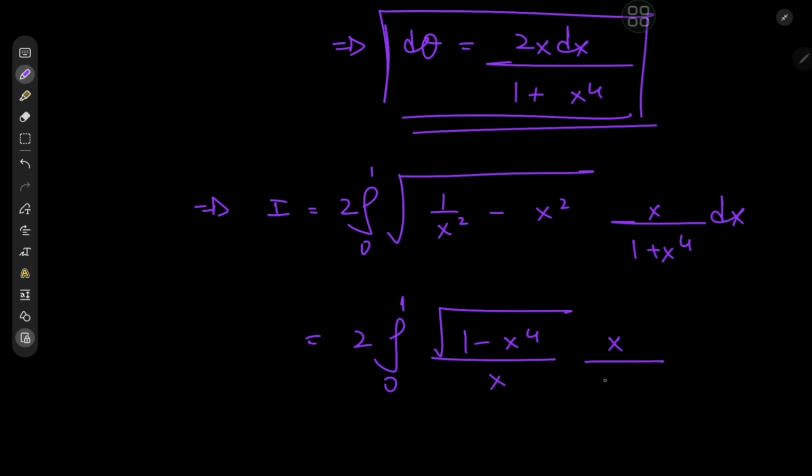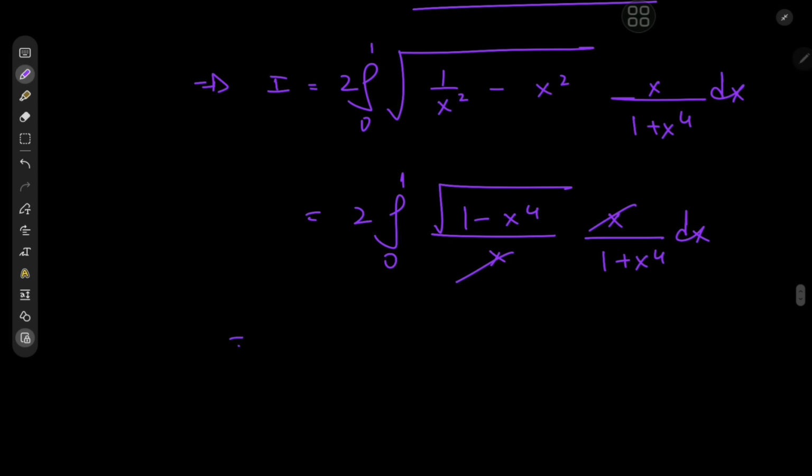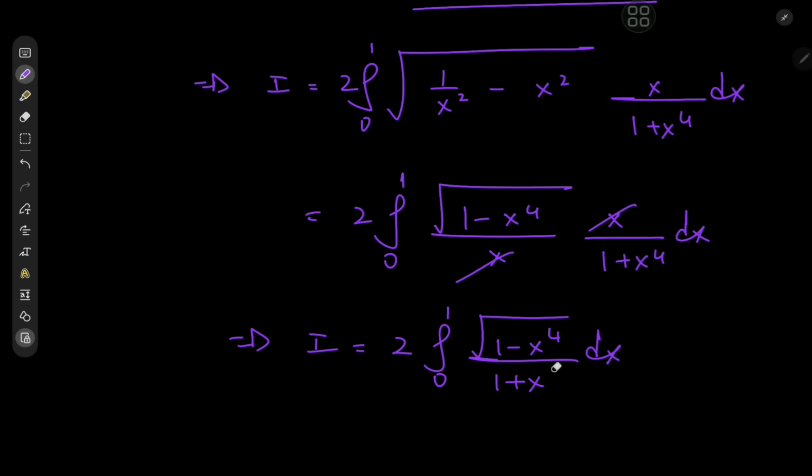And we have x up top and 1 plus x to the 4th power over here. Some cancellation takes place. And this implies that the target integral I, which we know is equal to pi by 2, equals twice the integral from 0 to 1 of root 1 minus x to the 4th power divided by 1 plus x to the 4th power dx.